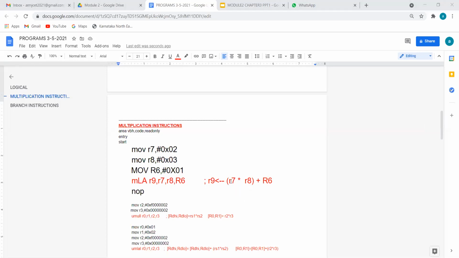Okay, so substitute R7. What is R7? 2 star 3 is 6. 2, then star of 3, then plus 1 is 6 plus 1. Hence R9 will be 7. You are right.